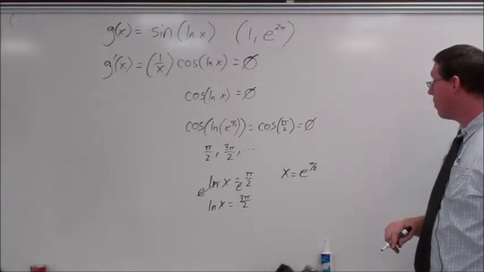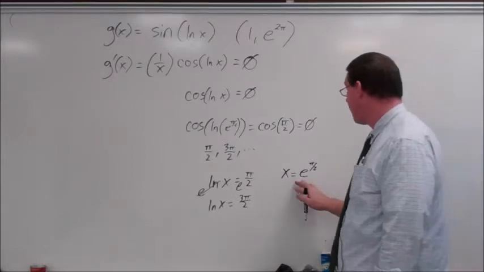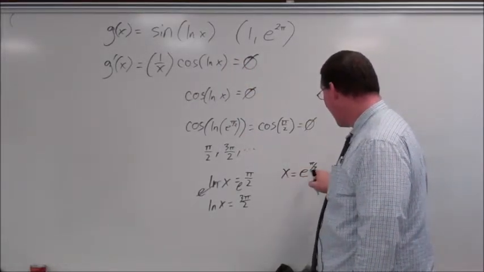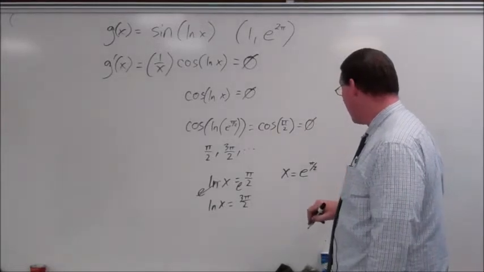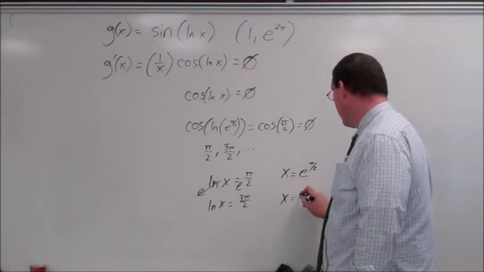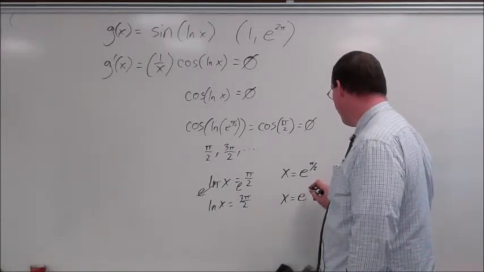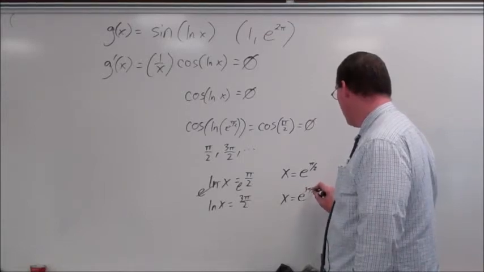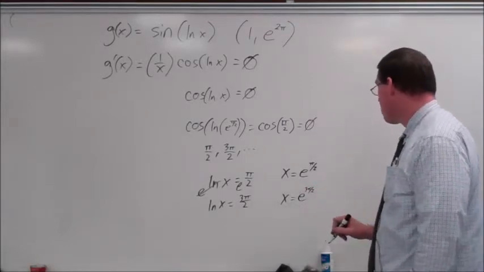And so what's going to happen here is our derivative is going to equal 0 at e to the power of pi over 2. It's going to also equal 0 at x equals e to the power of 3 pi over 2. Okay?